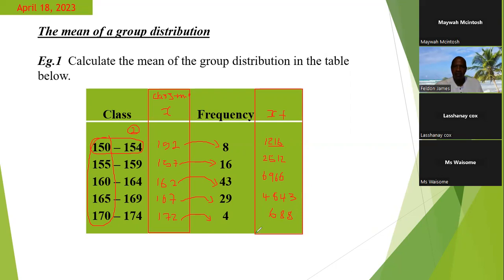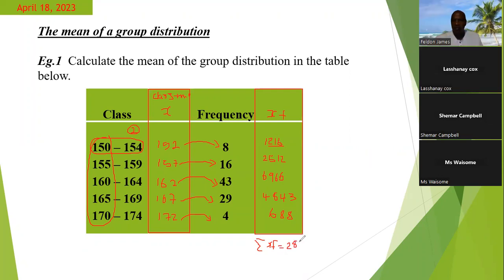All right, so what do you get for the sum of XF, Miss Cox? Sir, 28,135. Can anybody confirm that? Is there anybody else?